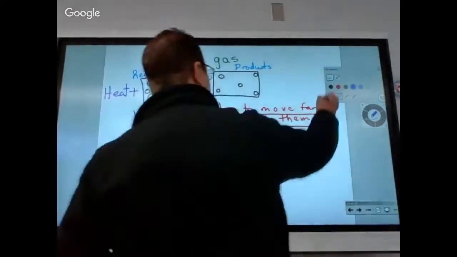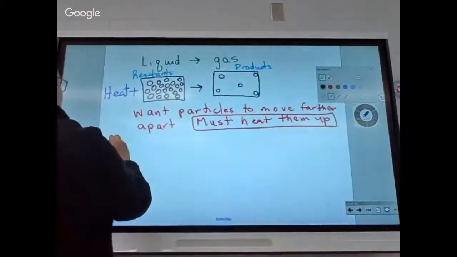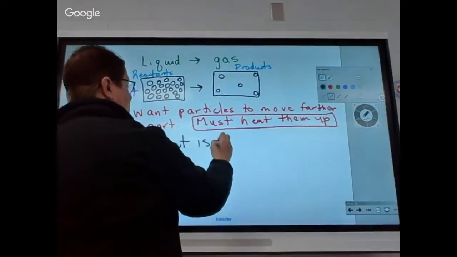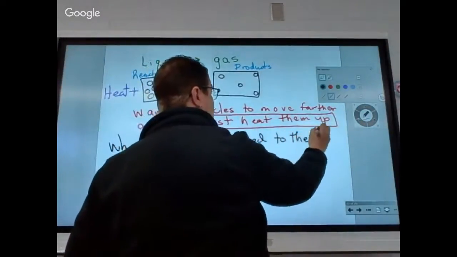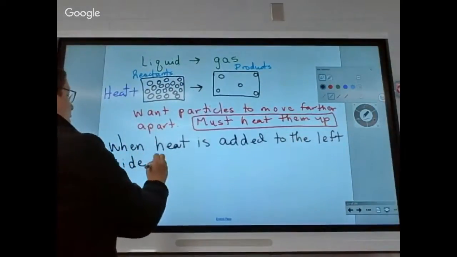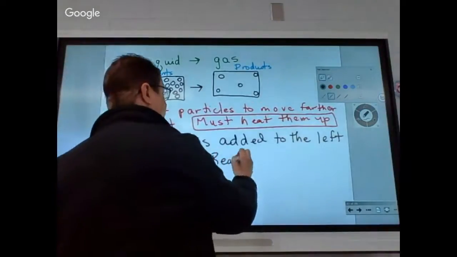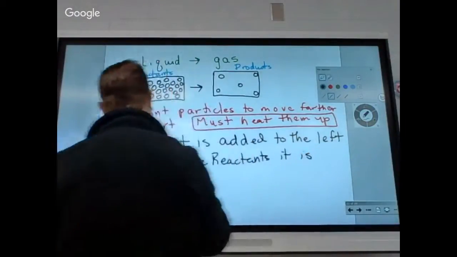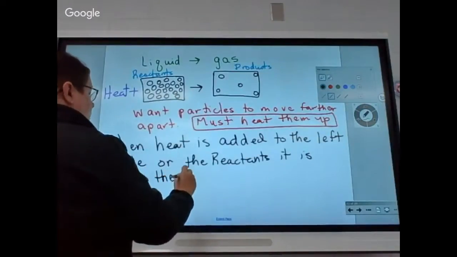Okay? Now, when heat is added to the left side or the reactants, it is endothermic.